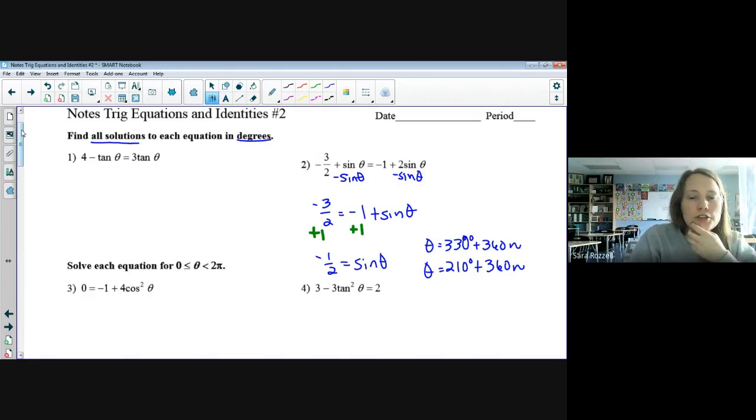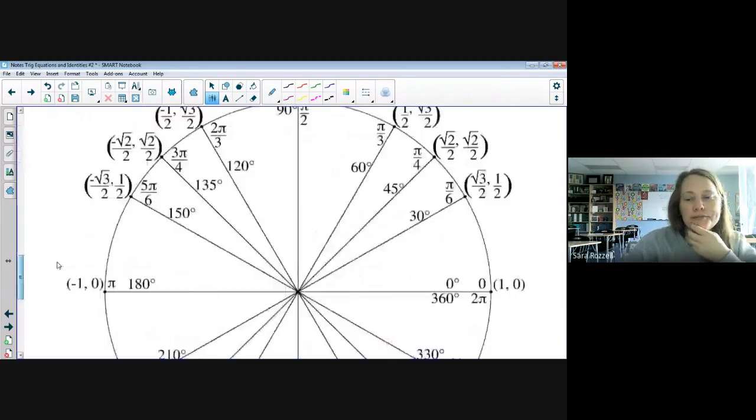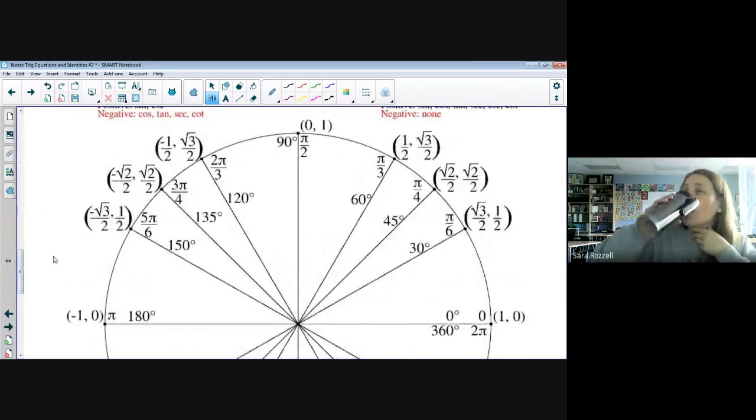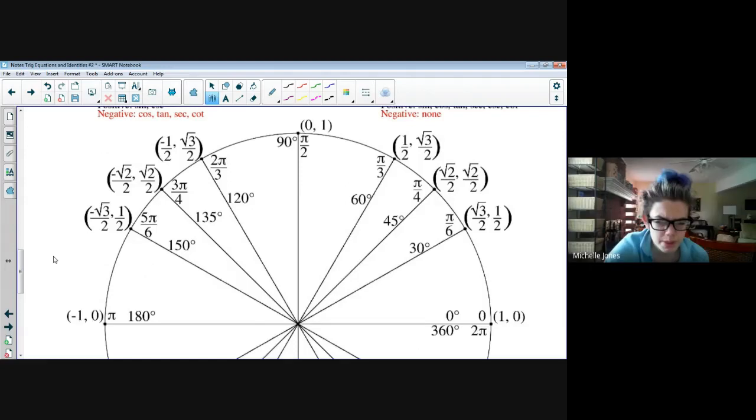Y'all need me to scroll so you can see the unit circle? There you go. Make sure your cameras are on and that I can see you. Cameras are on and I can see you. Can you scroll down a little bit?